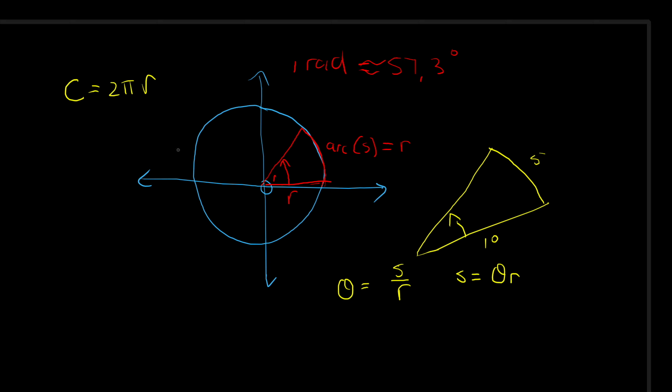And what we also saw is that 360 degrees is actually exactly 2 times pi.